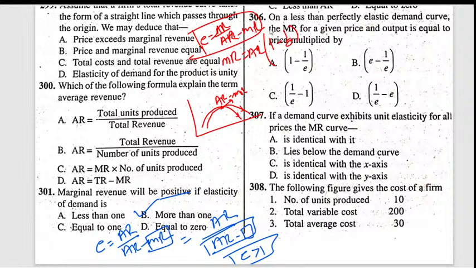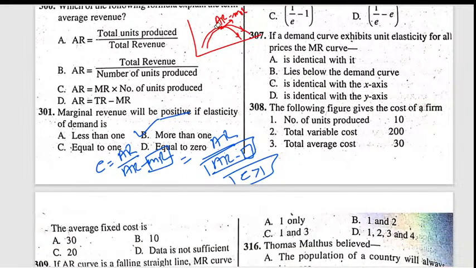It is talking about the same formula on a less than perfectly elastic demand curve. The MR, not MP, for a given price and output is equal to price multiplied by (E minus 1) upon E, which I have already written. So the correct option is A.